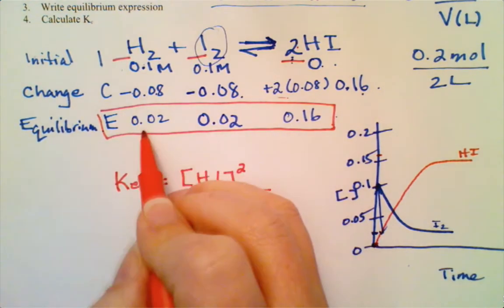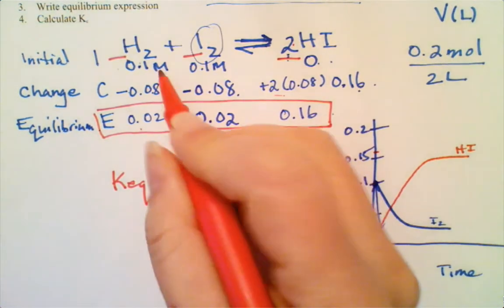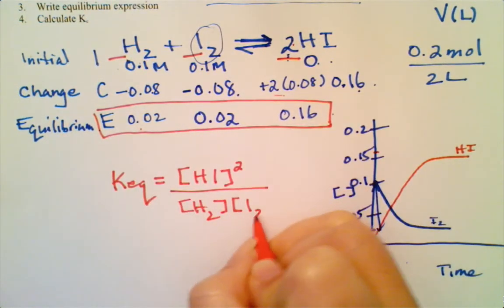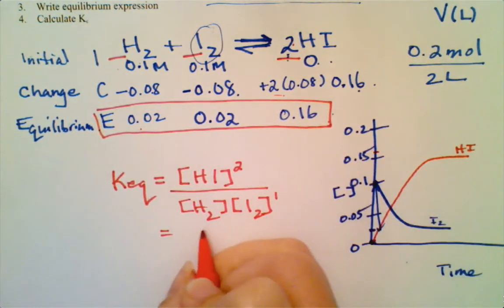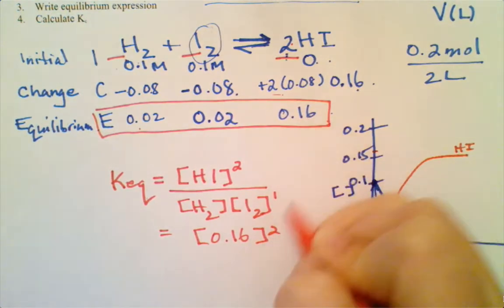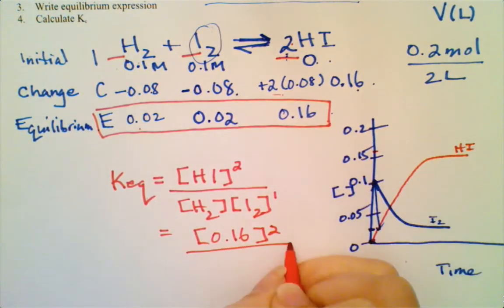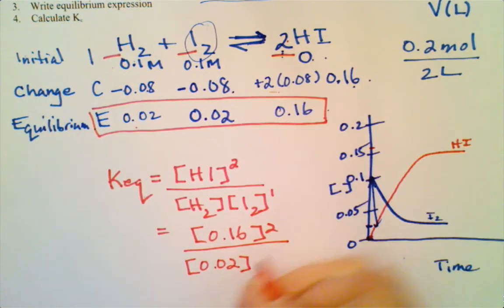Then I plug in H2 to the power of 1 multiplied by the other reactant to the power of 1. I put in 0.16 squared on top, so I'm getting that right from my equilibrium values, and then on the bottom you have 0.02 times 0.02.